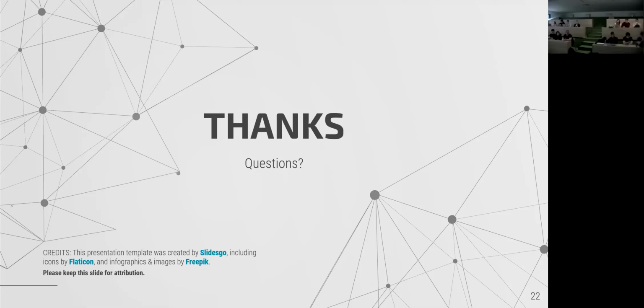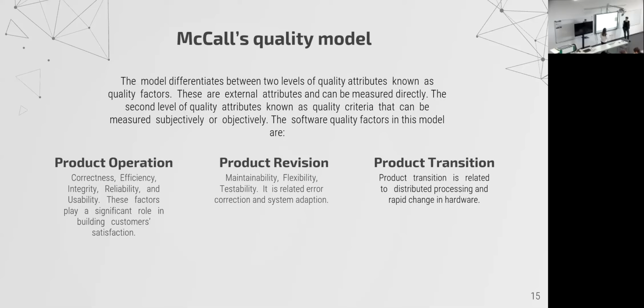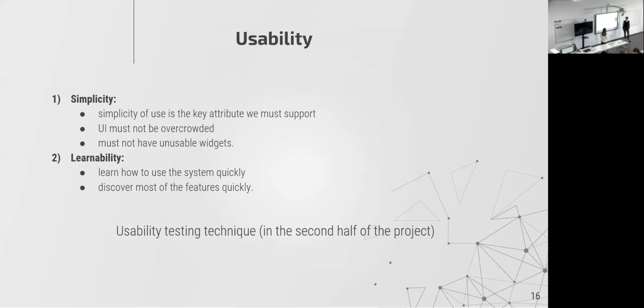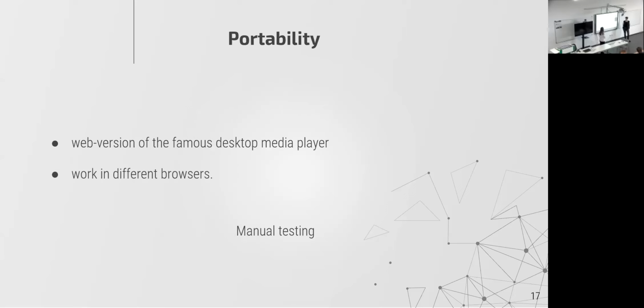What metrics did you use to measure your quality attributes? So for usability, as we said, we will test this in the second part of our project, so we didn't do any tests for now.